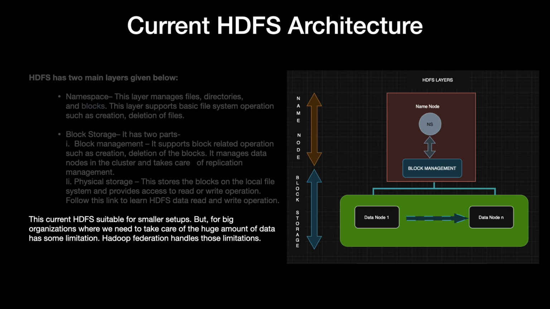The current HDFS is suitable for very small setups. If you want to store large data, then this is not suitable, and you have to use Hadoop Federation, without any limitations.